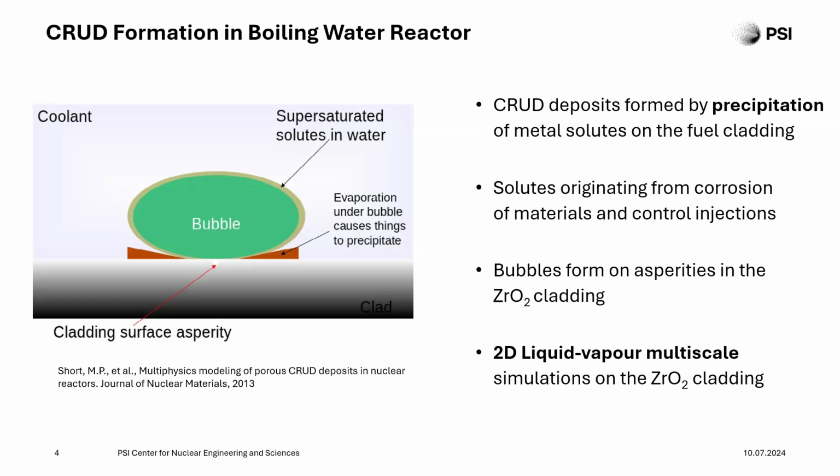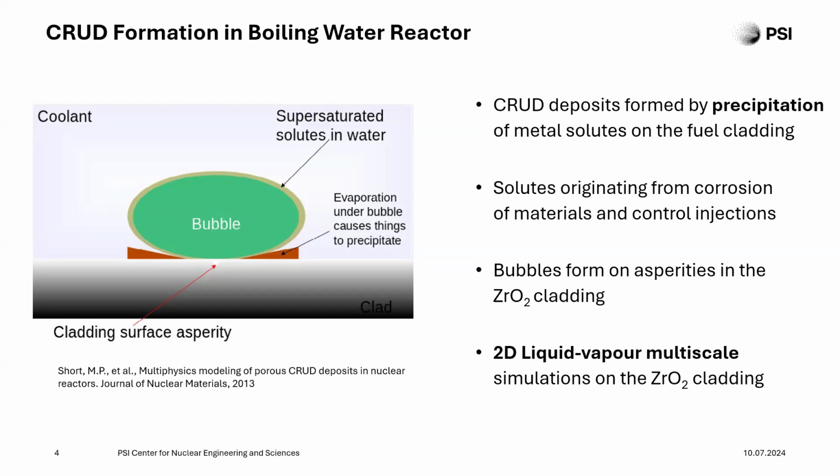These CRUD deposits are formed by the precipitation of metal solutes that exist within the fuel flow, and they occur by corrosion of the tank surrounding the nuclear reactor or the pipes transferring the fluids, and or from injections that try to control the fission.